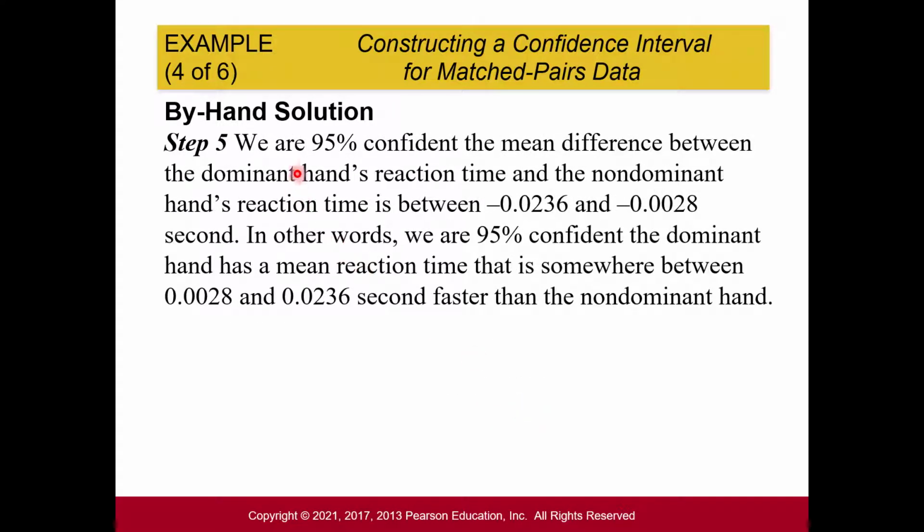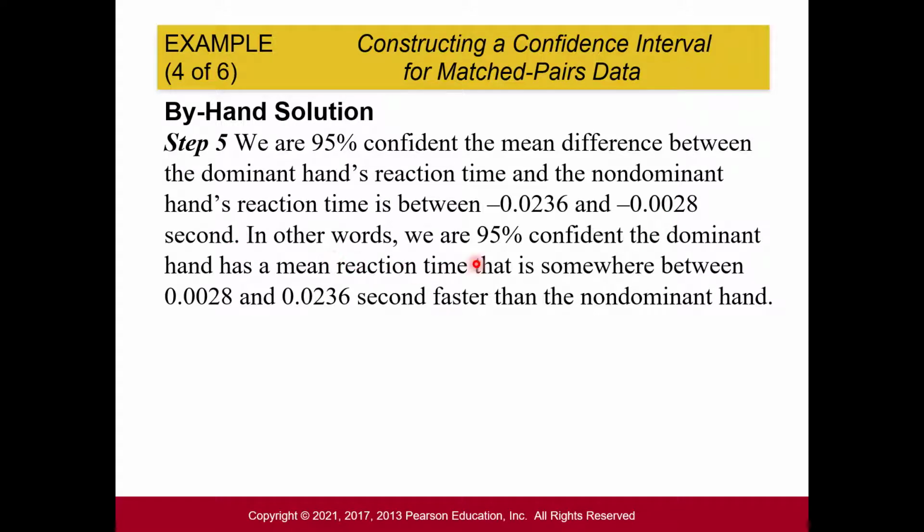And so we can say we are 95% confident the mean difference between the dominant hand's reaction time and the non-dominant hand's reaction time is between negative 0.0236 and negative 0.0028 seconds.